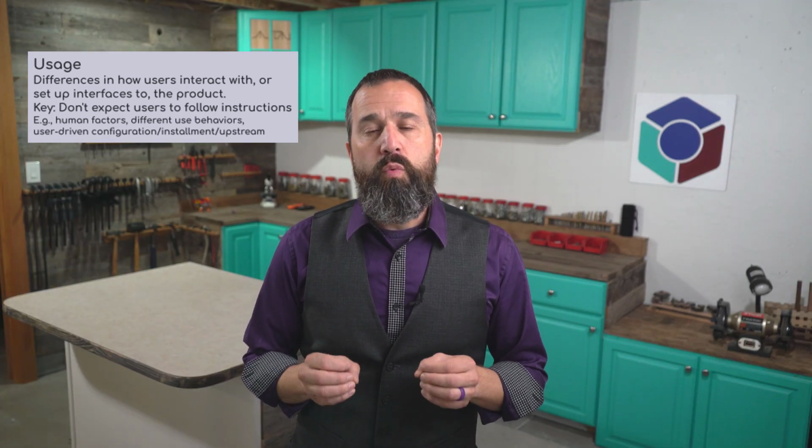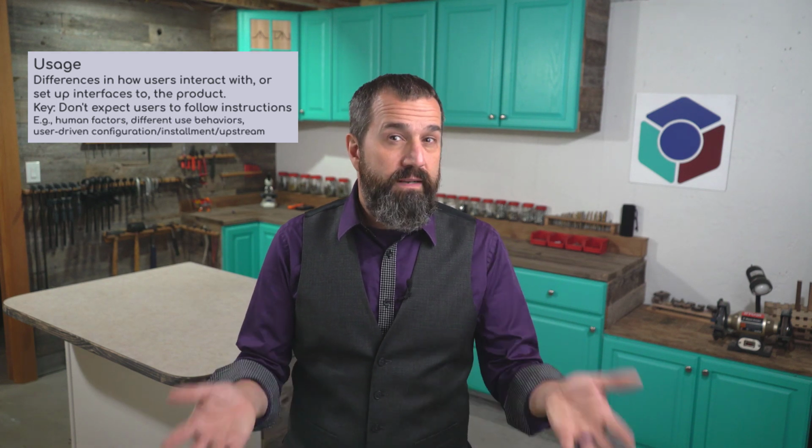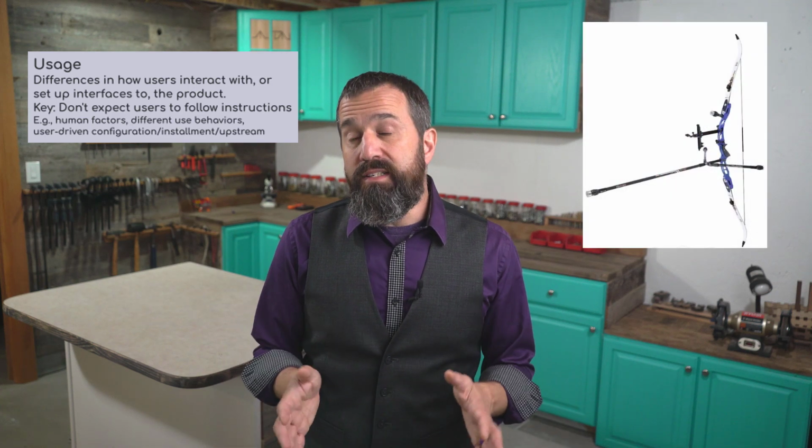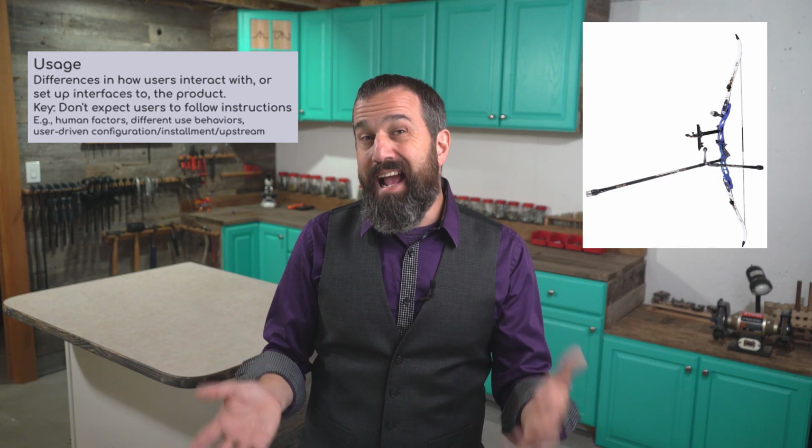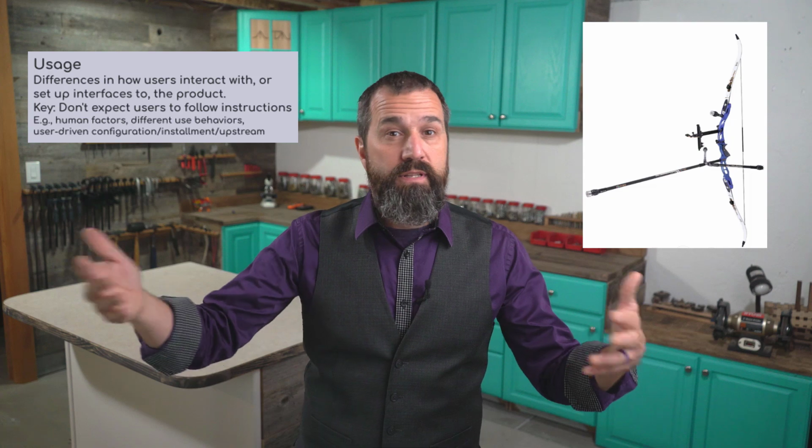But even if users were delicate with the product, there are still all the different use cases, human factors like anatomy and physiology, user-based configurations, and of course, their behaviors when engaging with the product. The size and strength of an archer, for example, will impact the usage of the bow. So a bow won't perform exactly the same way from one archer to the next.